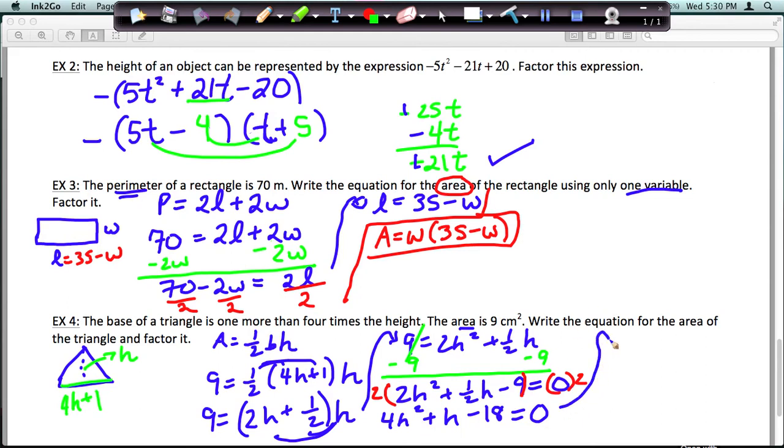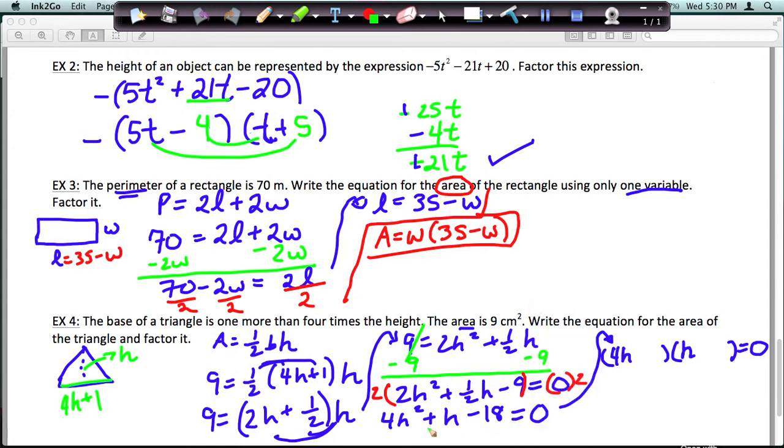So I'm going to come up here and try and factor this, trial and error. Okay, so we're going to start with our first terms, 4h squared. Now here I have an option of 4 and 1 or 2 and 2. It could possibly be either. I'm going to try the 4h and the h, and if I need to change it, I will. And then for our last terms, we need a negative 18.